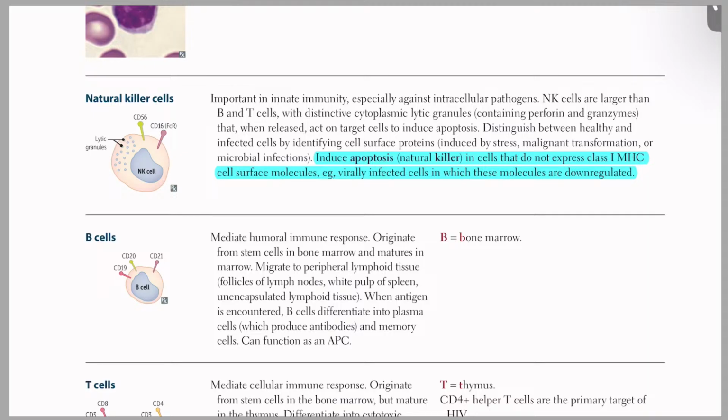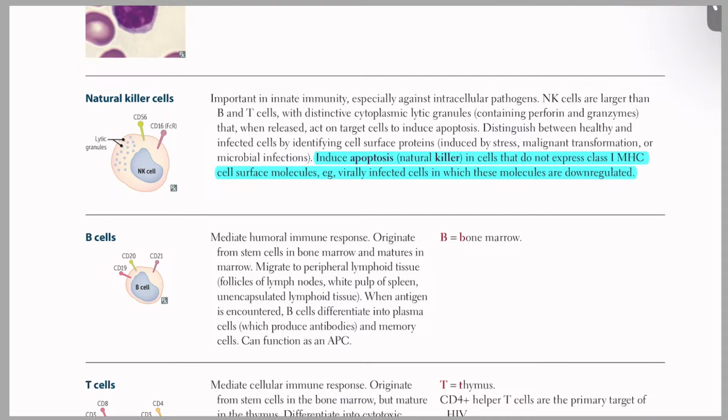NK cells are larger than B cells and T cells, with distinctive cytoplasmic lytic granules containing perforin and granzymes that, when released, act on target cells to induce apoptosis.